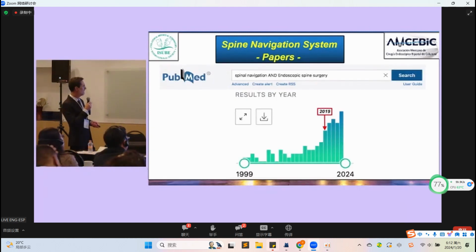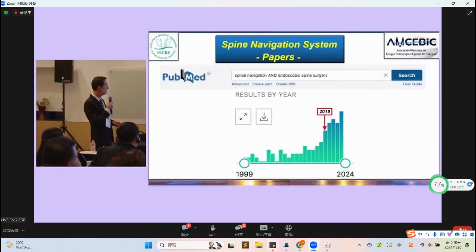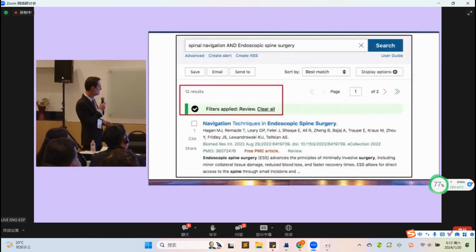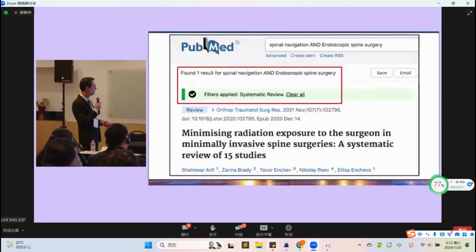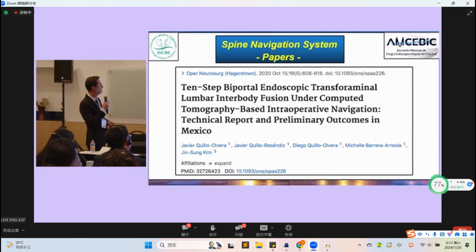Again, the number of papers using spine navigation has increased a lot. Some interesting papers, a systematic review, but not a meta-analysis.